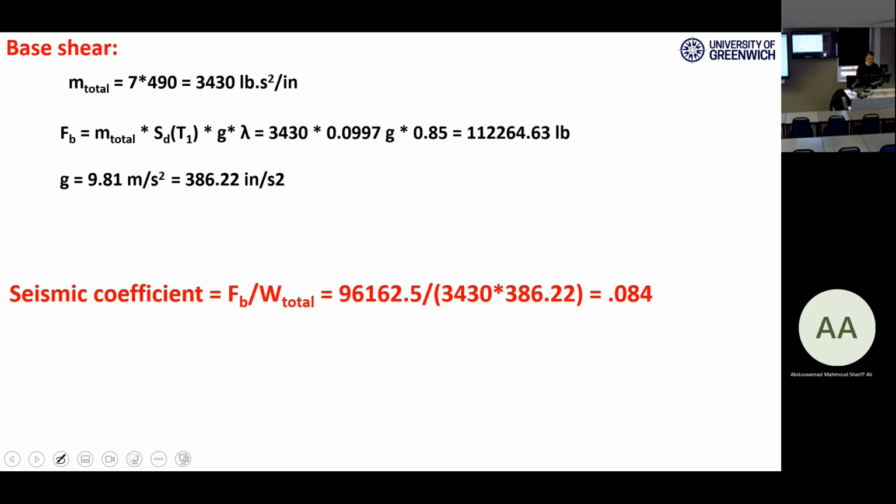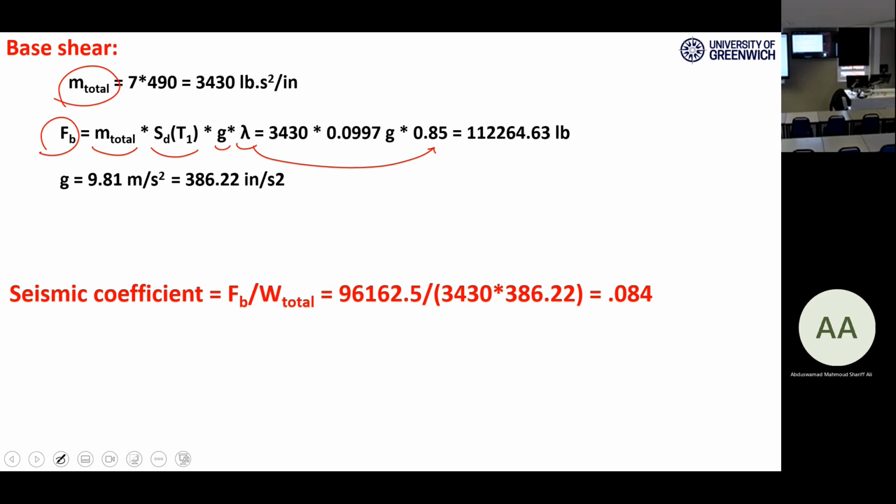So here we are. The total mass I have in my building is this one. The seismic load is the total mass multiplied by the spectral acceleration I got from there. This G is needed because the spectral acceleration is in terms of G, the percent of G. G should be added here, and lambda is 0.85.